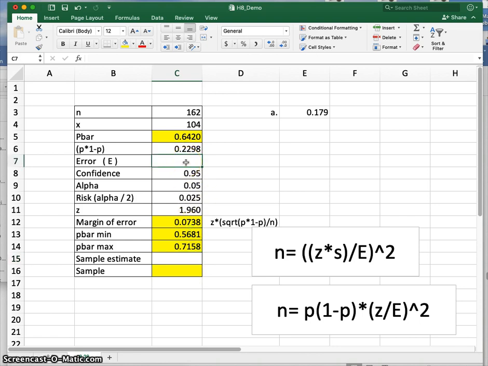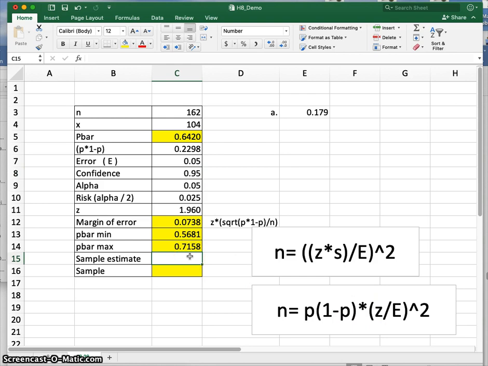So I'm just going to punch in 0.05. And then I'm going to use this formula right here. If I was calculating the sample size for a sample mean, I would use this formula, but I'm calculating the sample size required for a certain confidence interval for a sample proportion, so I'll use this formula.